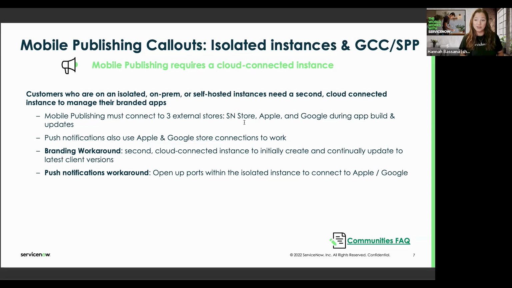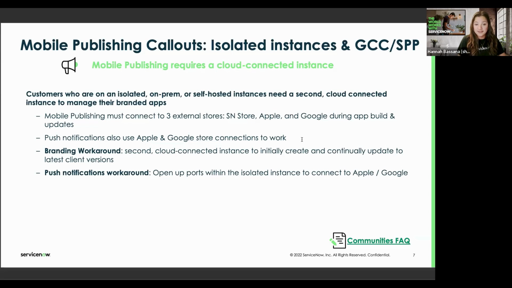This is not just a one-time connection. This also includes your app updates. So every time you want to increment up your client version to be more secure or uptake some of our new mobile platform features, you need to use this cloud connected instance to do so. And then also push notifications use Apple and Google Store connections to work.